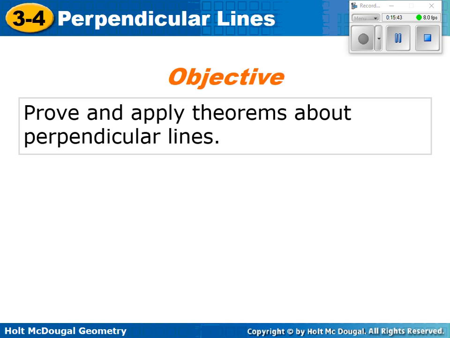To prove lines parallel, we have 5 ways we've learned right now. I'm just adding this to our notes. You can write it wherever you have room on the back. So right now we have 5 ways. In 3-4, we're going to learn a 6th way.